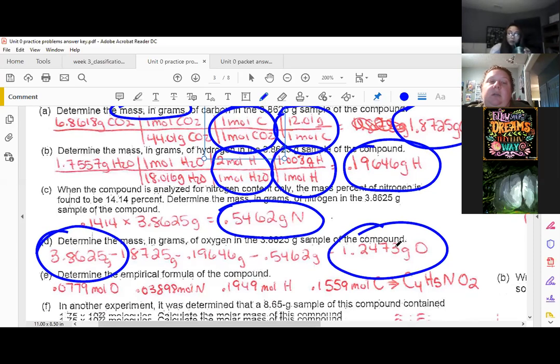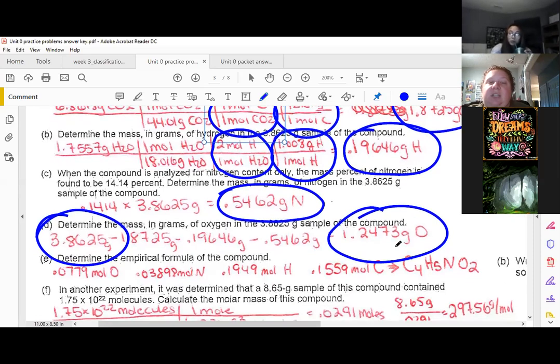So then E is just asking us to do a good old-fashioned empirical formula now. We've got the masses of each of our elements. I didn't have room to show this all out, but if I know how many grams of oxygen I have, I can turn that into moles of oxygen. If I know how many grams of nitrogen I have, I turn grams into moles. Same thing with the grams of hydrogen and grams of carbon.